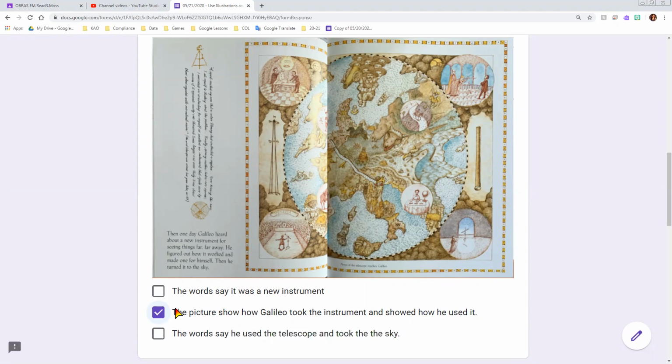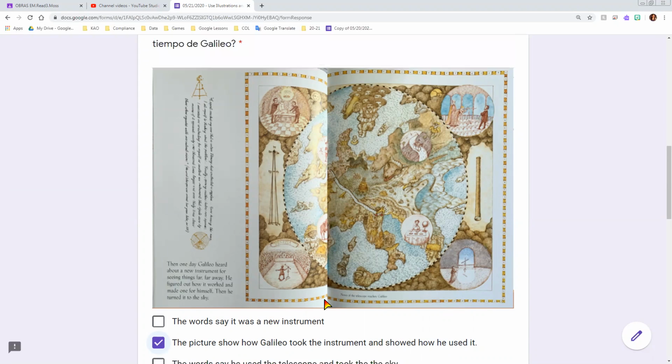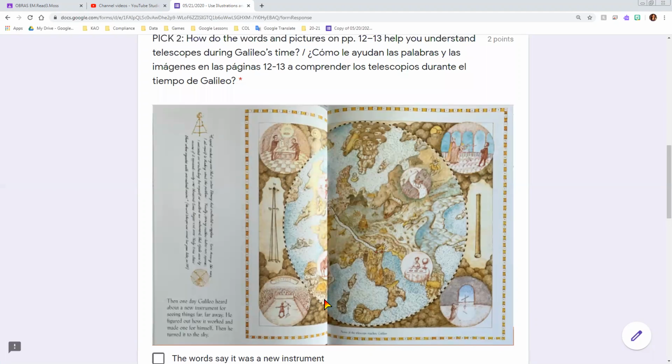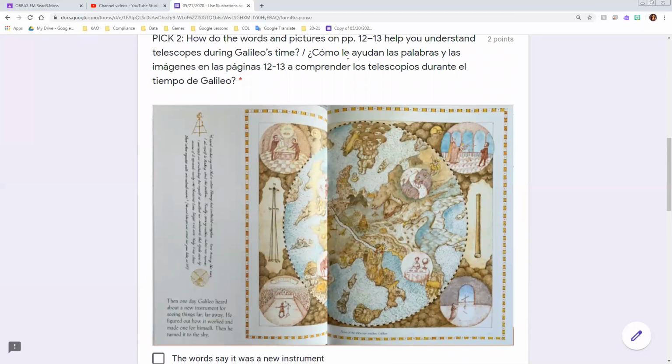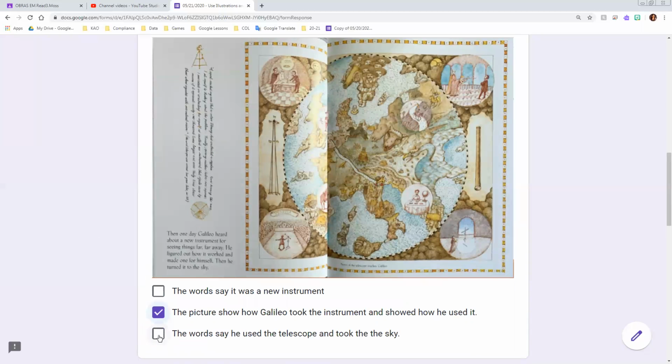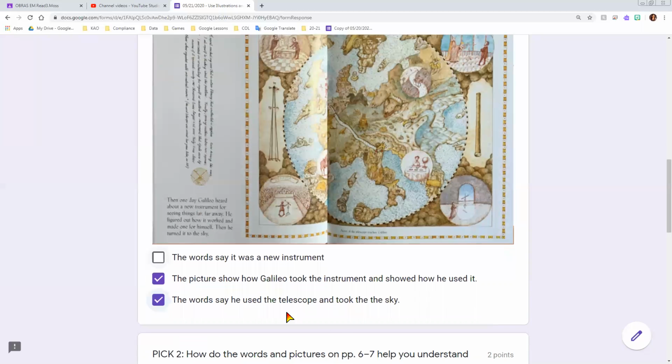But now I need to decide whether the words say it was a new instrument. Well, it is a new instrument, but the words say he used the telescope and took to the sky. That describes how he used the telescope during this time. So I'm going to click on that one, because that one just makes more sense to me.